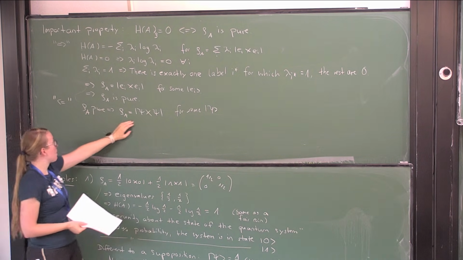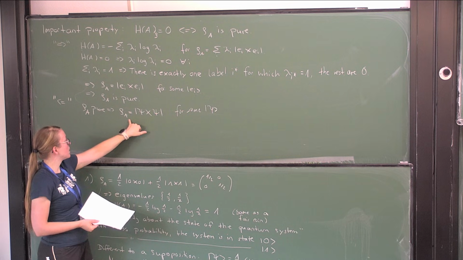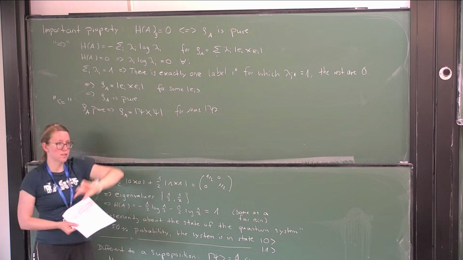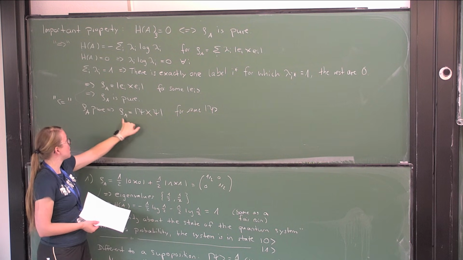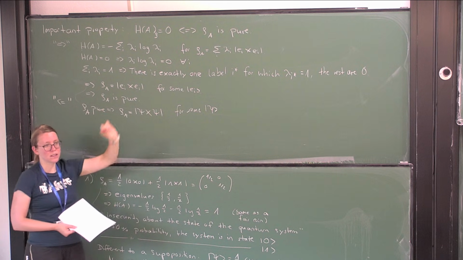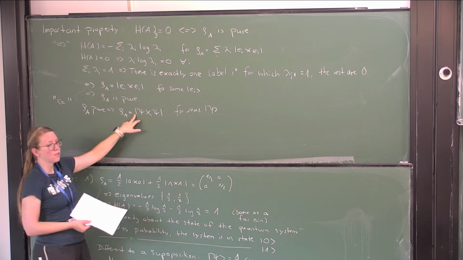That means that if I start from psi and build a basis starting with this vector, then this matrix rho A will be diagonal in that basis with exactly one eigenvalue 1.